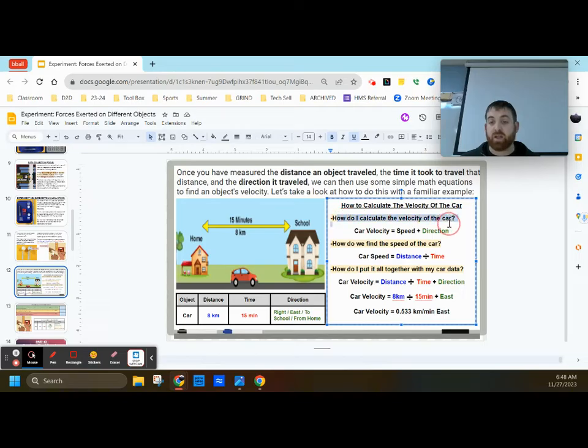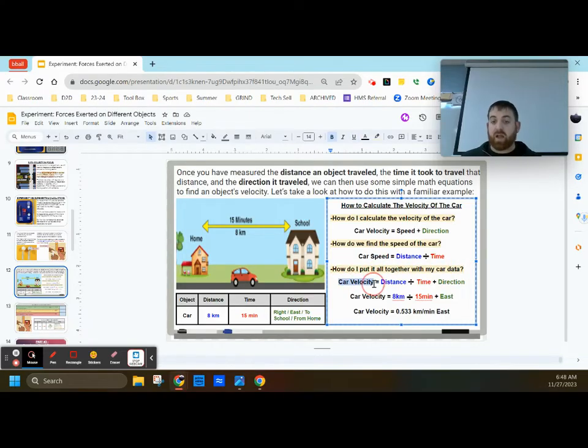Well, to calculate it, we know that velocity equals speed plus direction. Those two things. So we know we have the direction here, it's moving east, but how do we find the speed of a car? Well, that's where these two measurements come in. A car's speed is distance divided by time. So how do I put all this together with my car data?